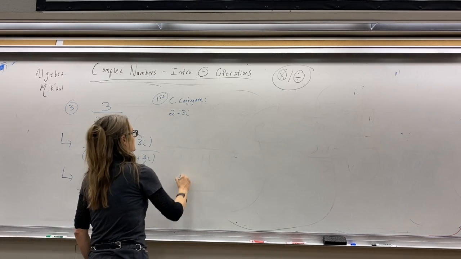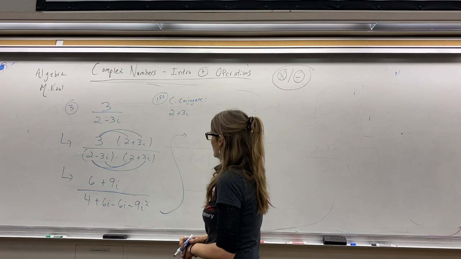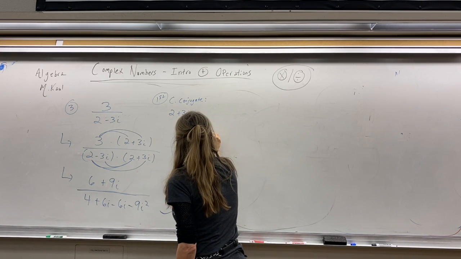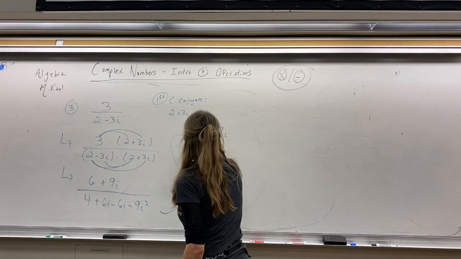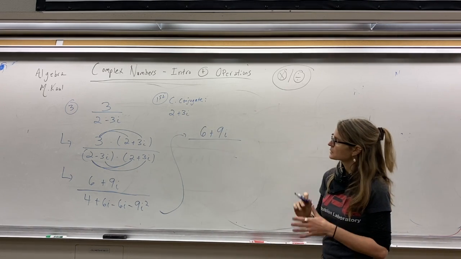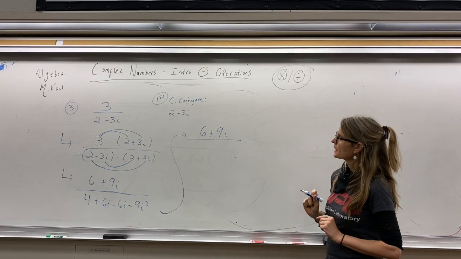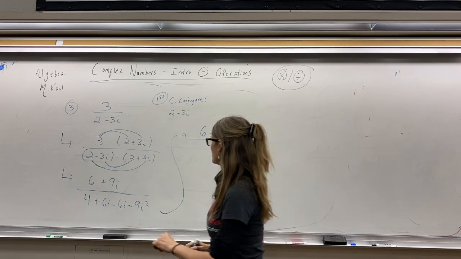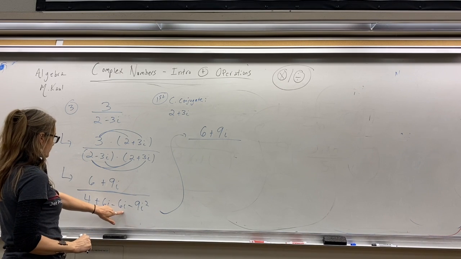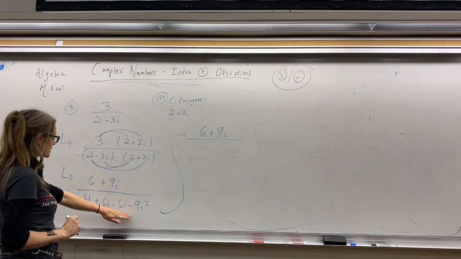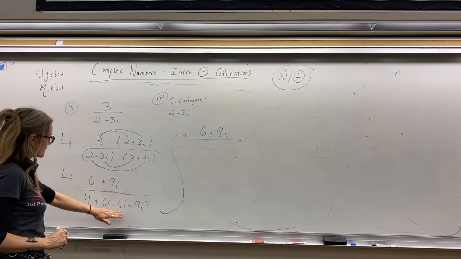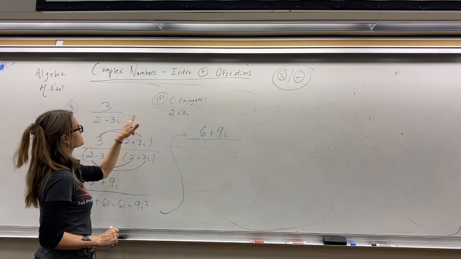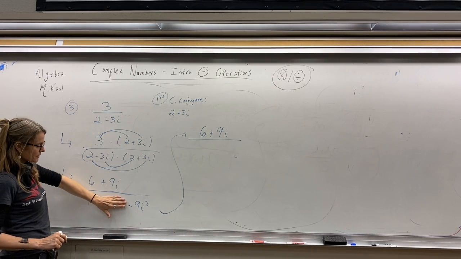Now what I have is 6 plus 9i. The numerator is simplified, so I look to simplify the denominator separately, which in this case, luckily for me, this is the whole idea with complex conjugates, the opposite sign in between eliminates a lot of your middle terms.